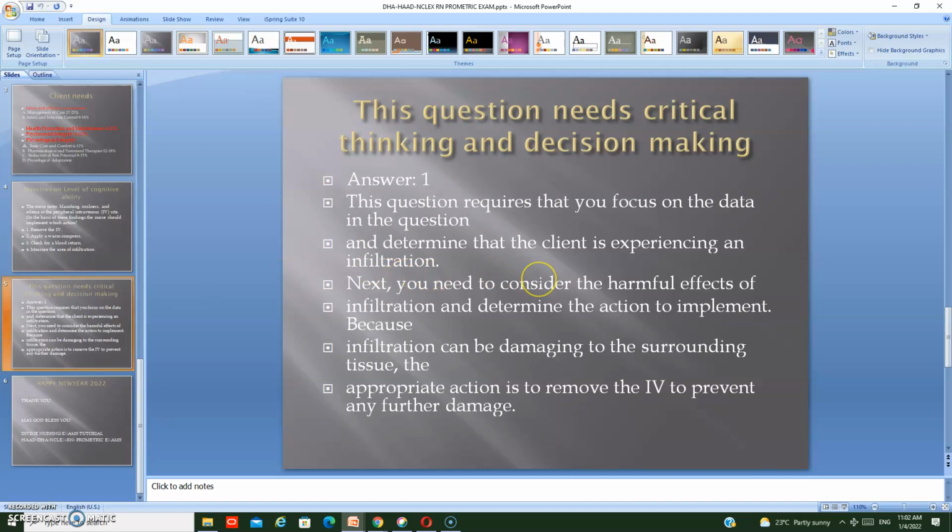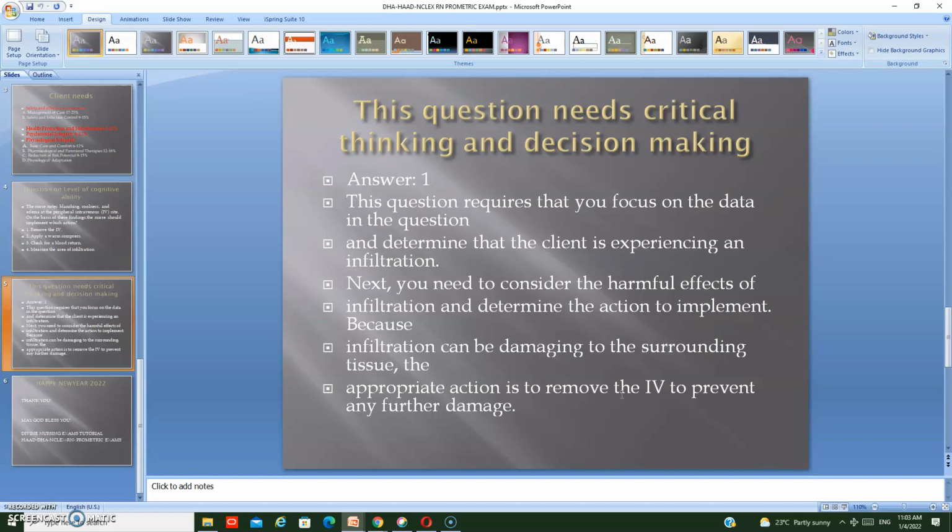Next, you need to consider the harmful effects of infiltration. You must have the knowledge of what happens if the patient has infiltration: it can damage the surrounding tissue. So to prevent harm, you are going to remove the IV, to prevent further damage to the surrounding tissue.